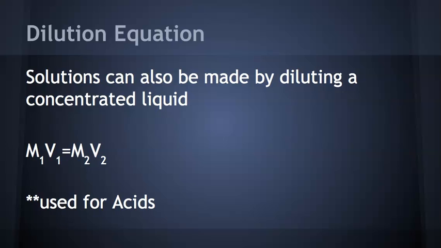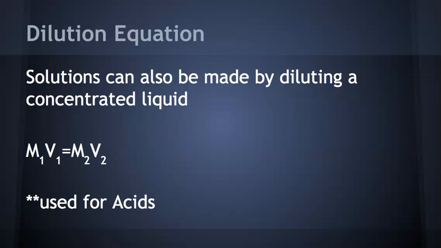A new equation, but a pretty simple one, is our dilution equation. When we dilute a solution, we are adding water to it to make it less concentrated. So, like when I'm in the lab, I get from the factory very concentrated solutions like 16 molar hydrochloric acid. Obviously, I'm not going to hand that to you guys because it's pretty dangerous.